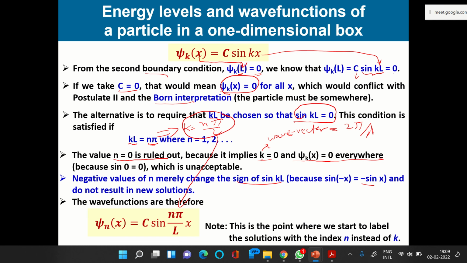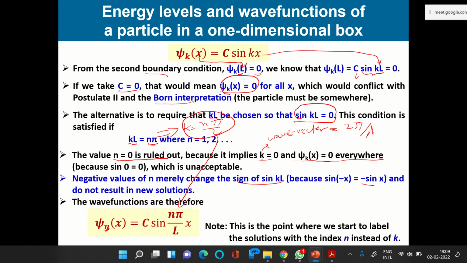So this is the solution. Here we have now started to label it with n, the quantum numbers n = 1, 2, 3, like this.